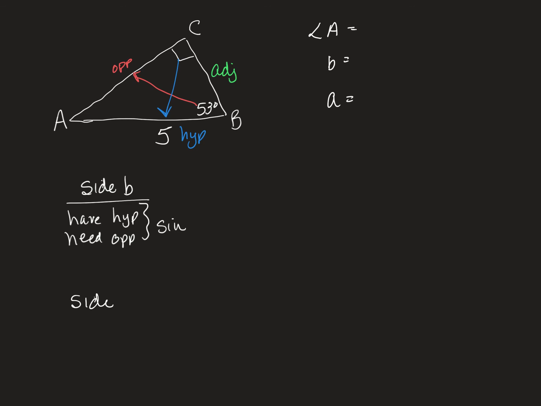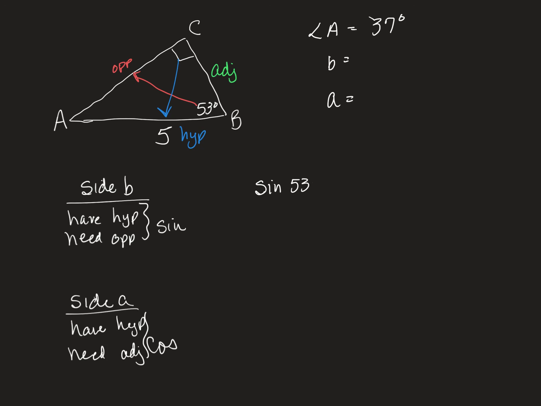Side A, I have the hypotenuse, and I need the adjacent, and that's cosine. So if I subtract 180 minus 90 minus 53, I get 37 degrees.